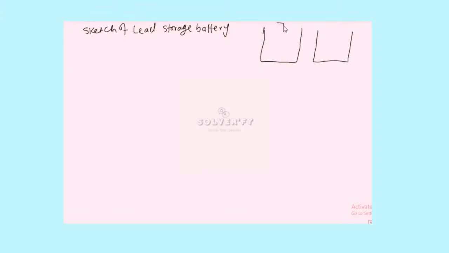The sketch of the lead storage battery is very simple one, in which, in a cell of the lead storage, there are two half cells in which there is a lead electrode dipped in 1 molar H2SO4 solution.